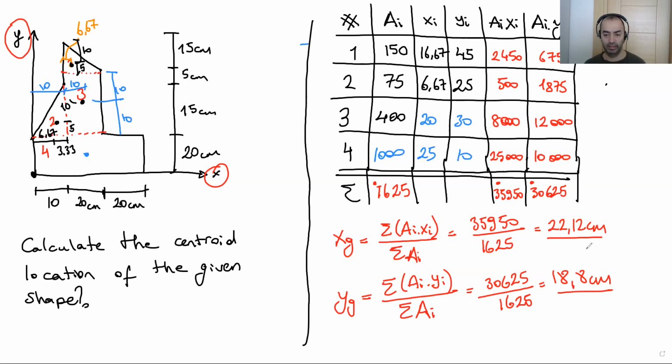Okay, the second question for this shape is, if I rotate this shape around the x-axis, for example, 90 degrees, what is the volume of the new shape? Okay, this is the new question for this example.